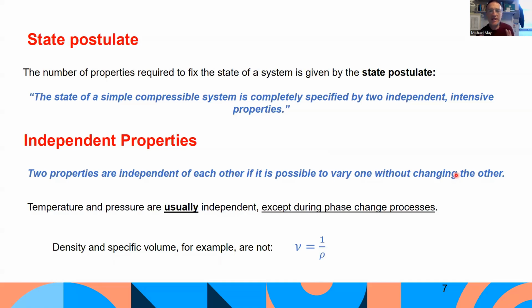So if we take a thermodynamic system, let's say like a boiler or a turbine or a condenser or a pump, let's say the boiler, for example, and as the fluid comes into the boiler, at that point, if we know two independent properties, two independent intensive properties, we can fully define the state of the thermodynamic system at that point and calculate all of the other properties, either by looking them up in tables or by using equations to calculate those other values.